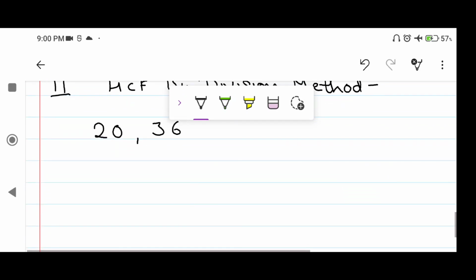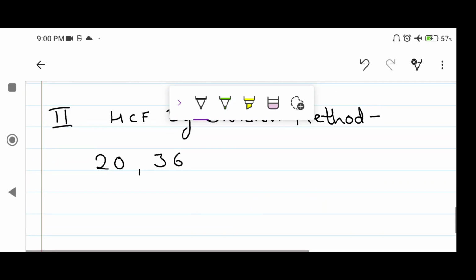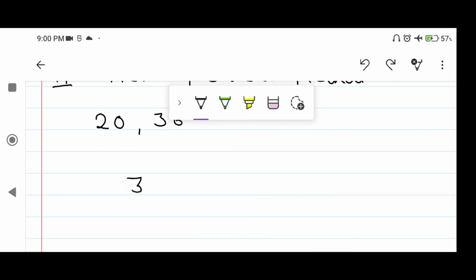So there are certain steps which we have to follow over here. The first step is that we have to divide the greater number by the smaller number.